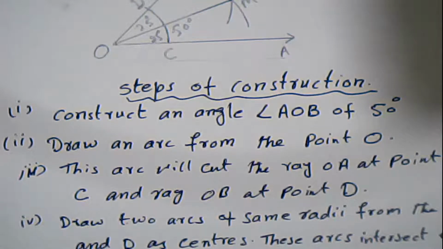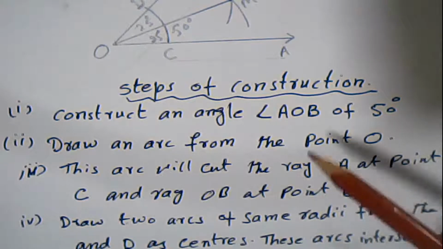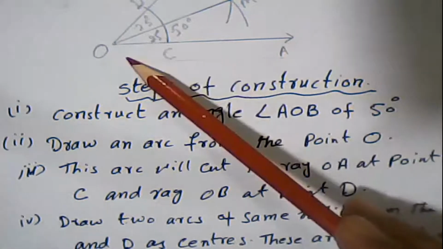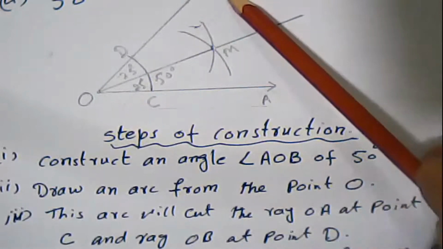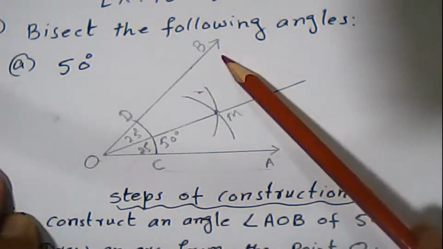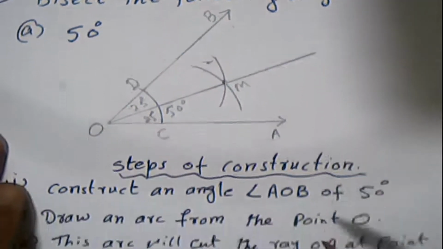Now students, write the steps of construction. First step, construct an angle AOB of 50 degrees.